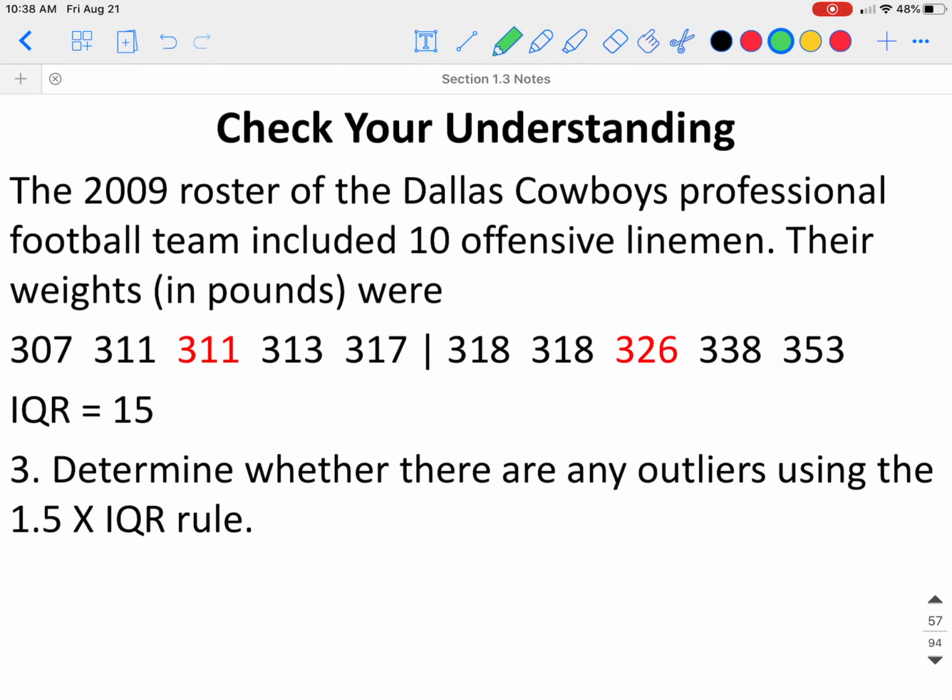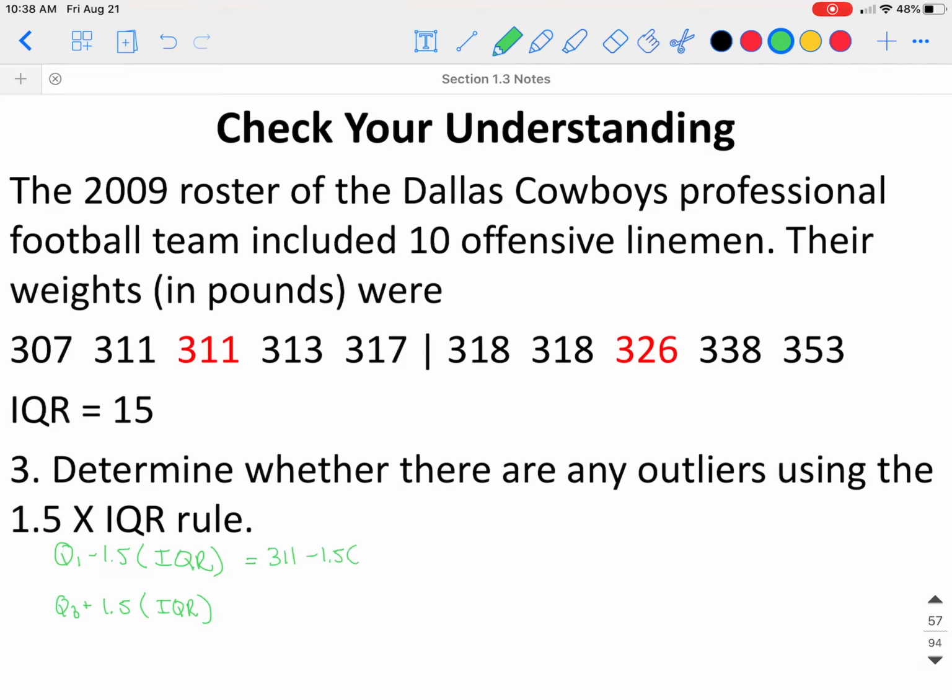Determine whether there are any outliers using the 1.5 times IQR rule. So we know that our IQR is 15, so we would do Q1 minus 1.5 times the IQR, and Q3 plus 1.5 times the IQR.